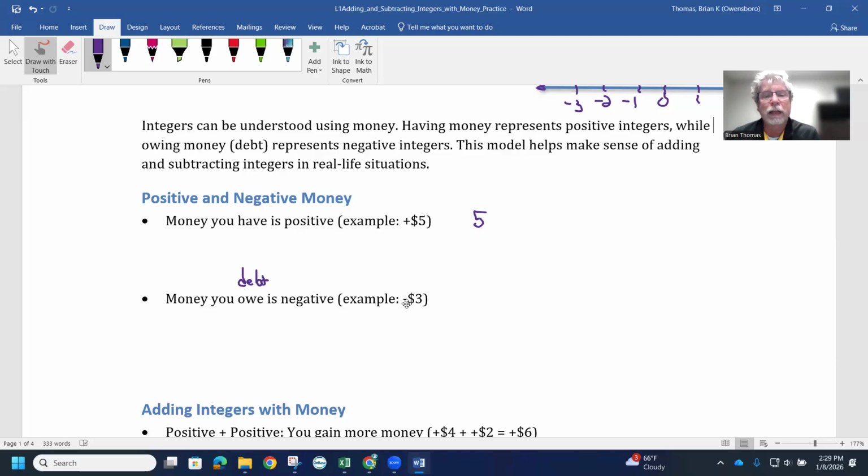So an example would be like -$3. So dash three stands for a -3. Or if we're talking about money, that means I owe $3, if you will, in that sense. So a +5 means I have $5. A -3 means I owe or I'm in debt $3.